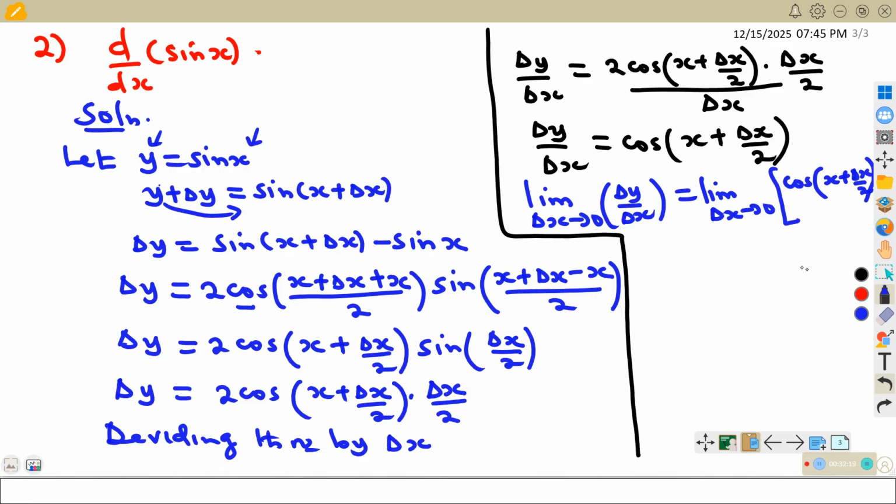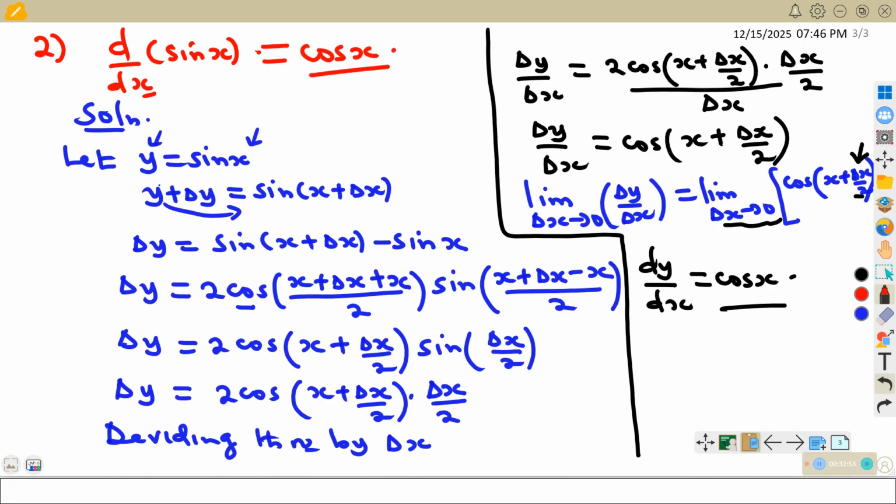When we take the limit of delta y over delta x as delta x tends to 0, this gives us dy dx. Where there is delta x on this side, place 0 because delta x is becoming smaller. So this will remain as cos of x. This implies that when you differentiate sine of x with respect to x, you will get cos of x.